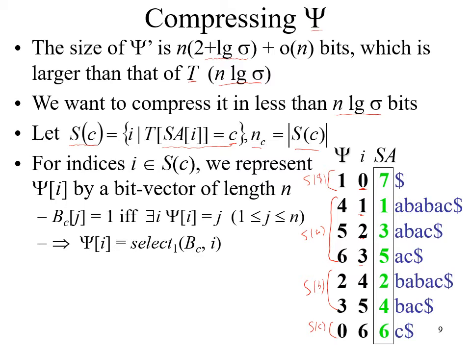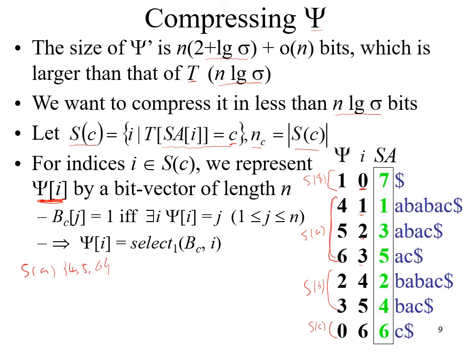And for indices I in set S of c, we represent psi I by a bit vector of length n. So, for example, S of A, sorry, we store psi I, so the set is 4, 5, 6.